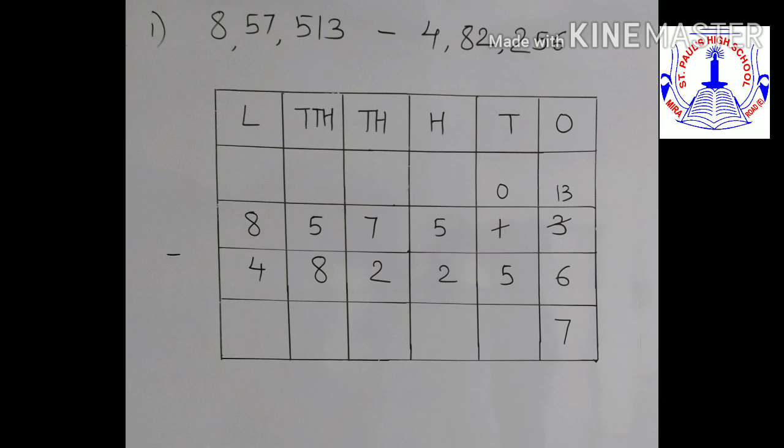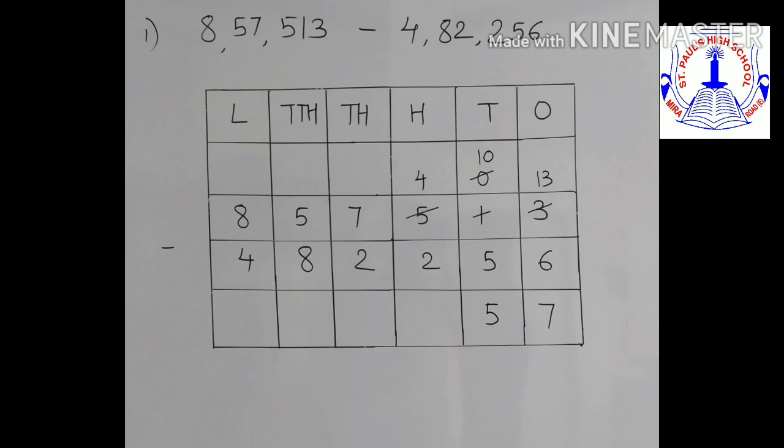Now, again in the tens place, you can see 0 minus 5. So 5 is a greater number and 0 is a smaller number. So we cannot subtract 5 from 0. We have to borrow 1 from hundreds place. So when we borrow 1 from hundreds place, 5 will reduce to 4 and 0 will become 10.